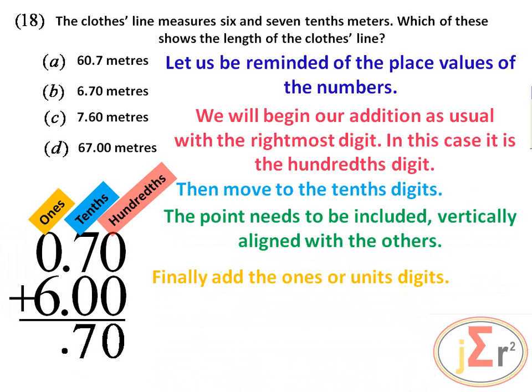And then finally, add the ones or units digits. Right, because of those zeros that Jerry needs to add. He is very happy because the addition process is very simple. There's no working of the brain and no working of the fingers. The correct answer is option B.